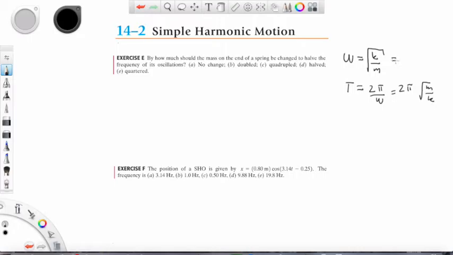We should also write out that the actual frequency of the motion, which means how quickly it vibrates back and forth, is embedded in this angular frequency. So angular frequency omega equals 2 pi times the real frequency of the motion.